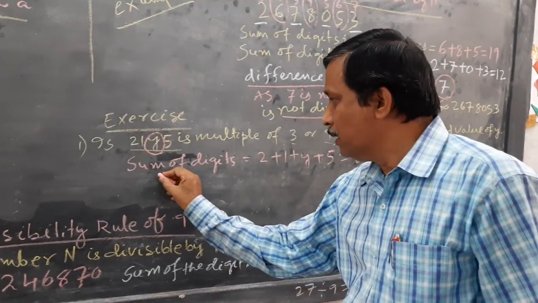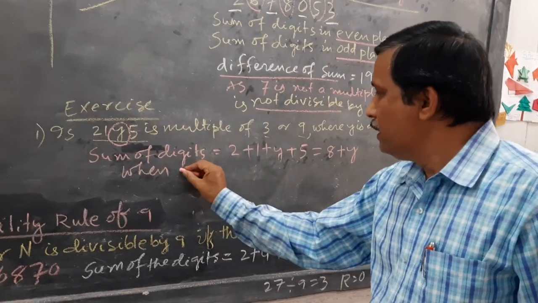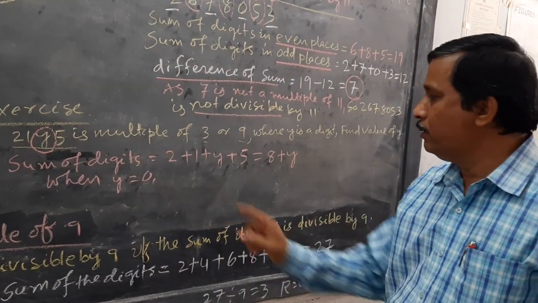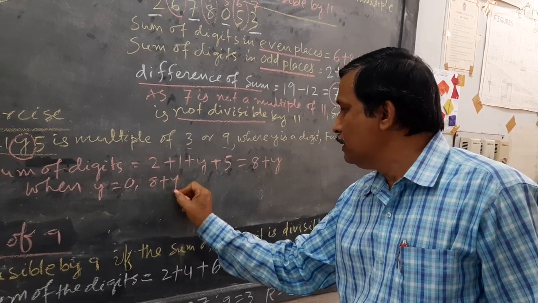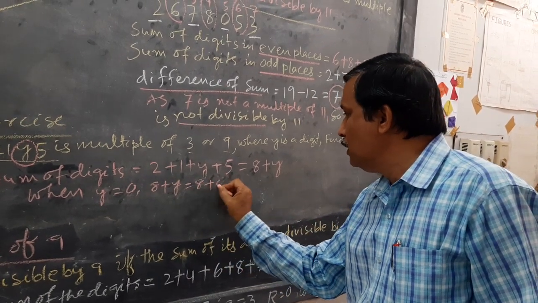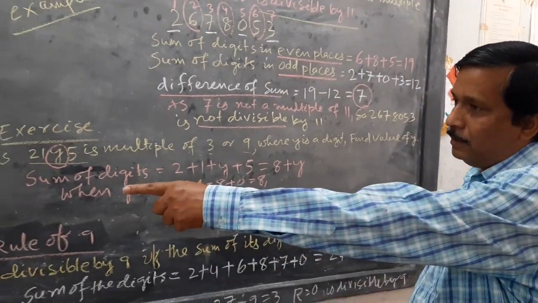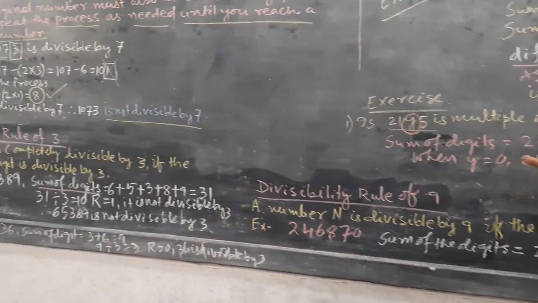When y is equal to, suppose, 0, the value will be 8 plus y, meaning 8 plus 0 is equal to 8. And you see the divisibility rule for 3 or 9: if the sum is divisible by 3, then the number is divisible by 3.